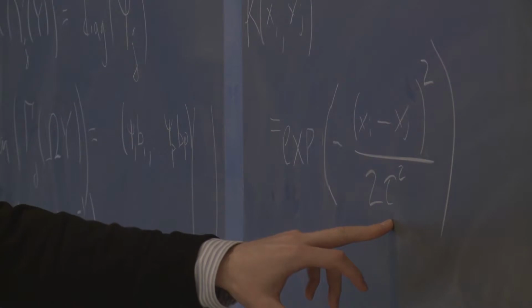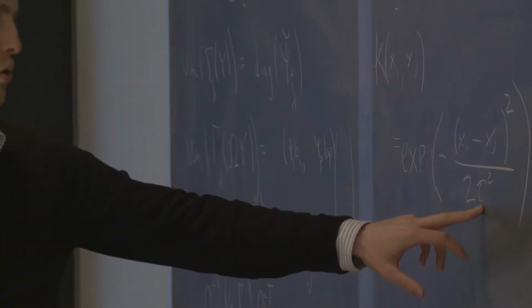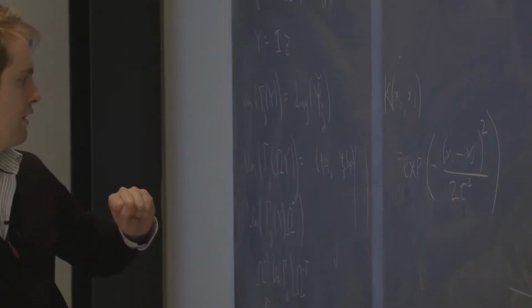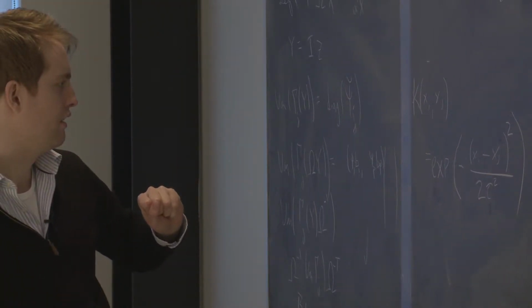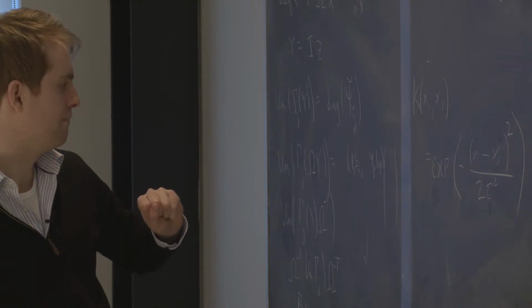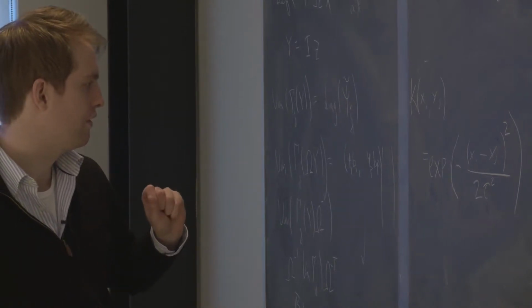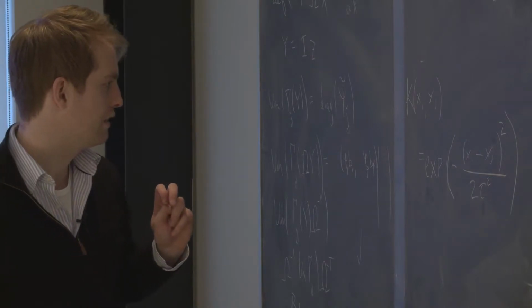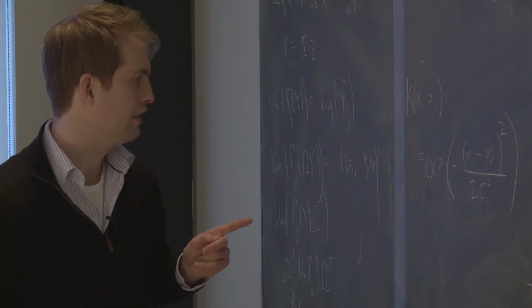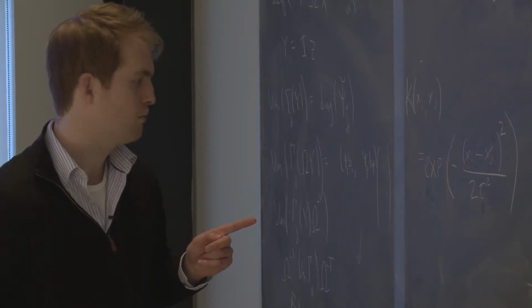As we saw before, if the length scale is longer, then it should be smoother, right?